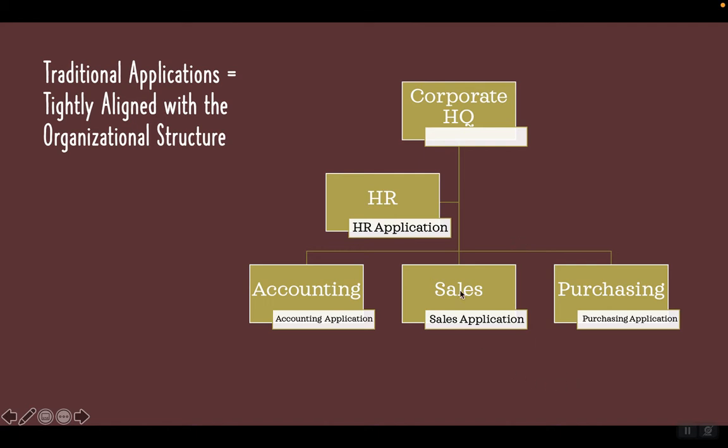And part and parcel of that was the computer systems were built such that they built upon the fact that we had these separated functions. So we had the HR application, which only did stuff for the HR department, and the same thing with sales, purchasing, and accounting. This was all the norm up through the early 90s.